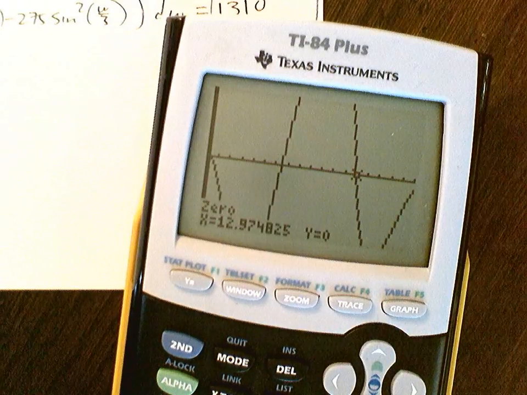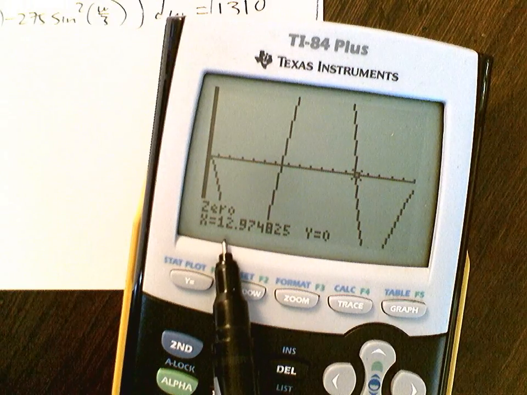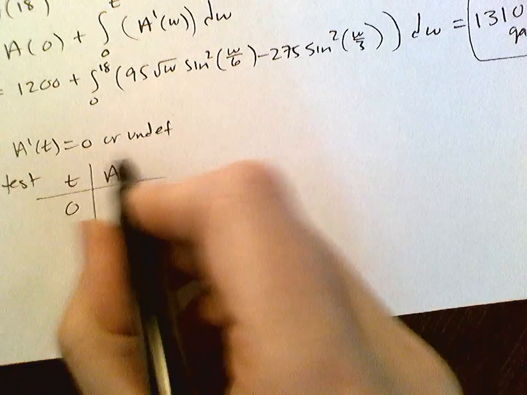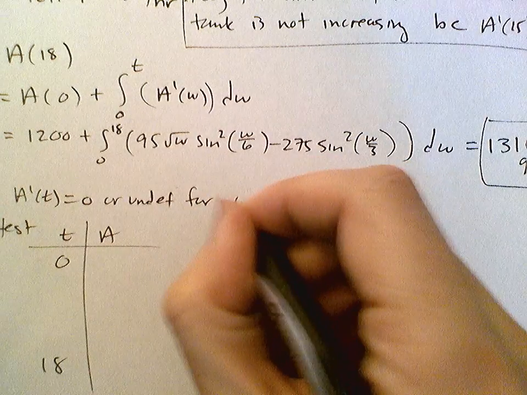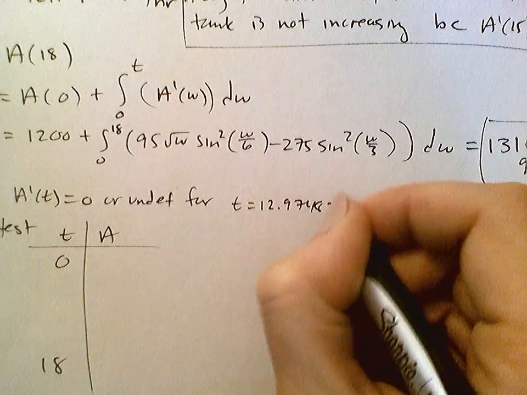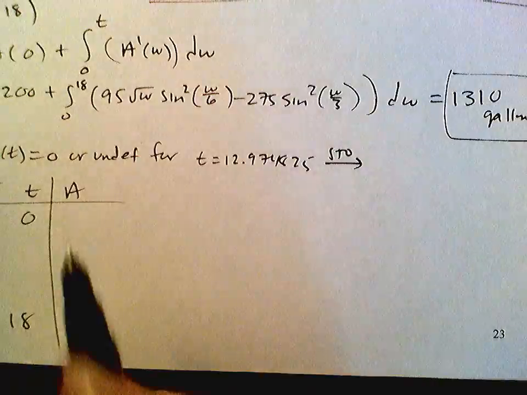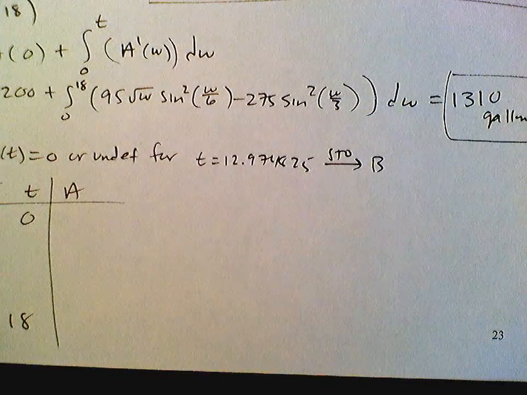So this first critical number is t equals 12.974825, and I will store it as b, because my function I already called a.